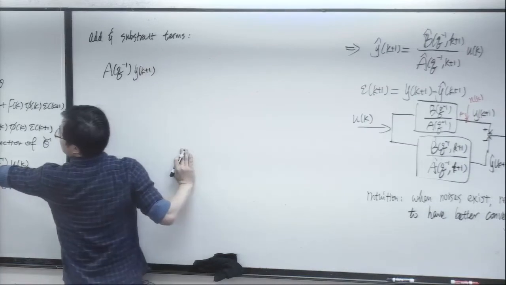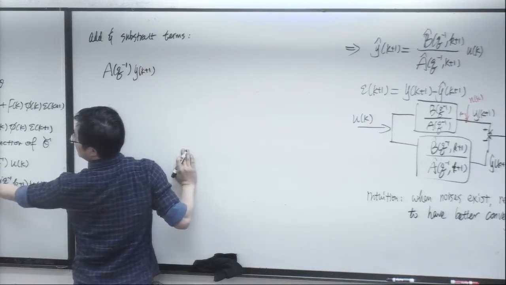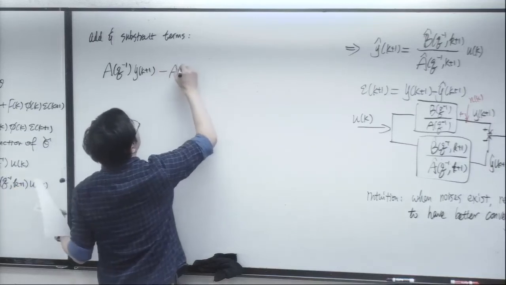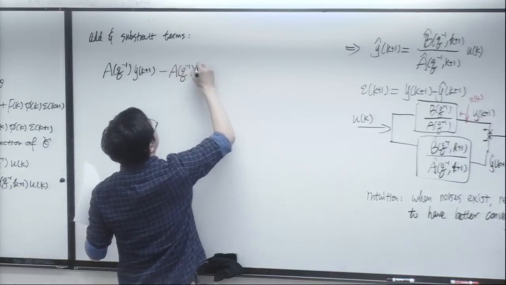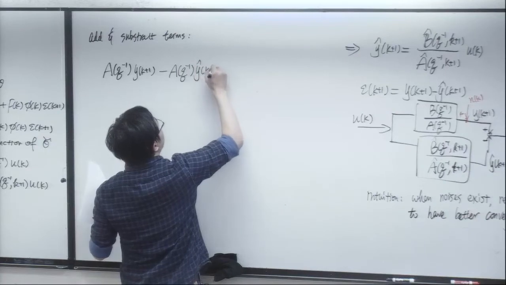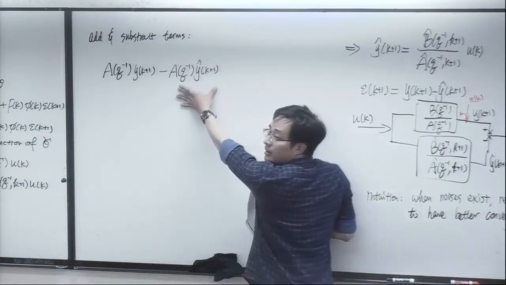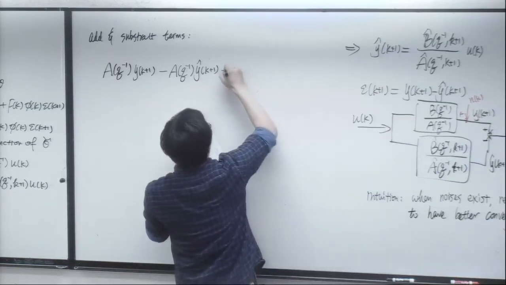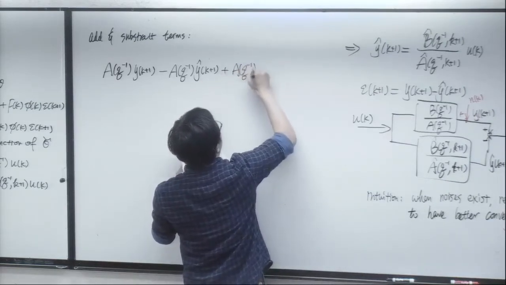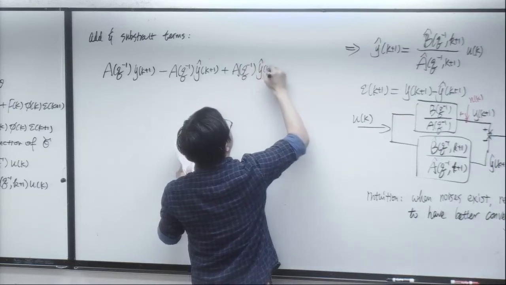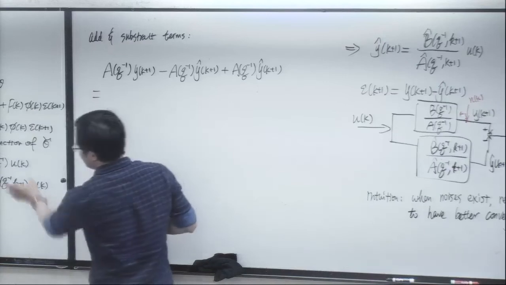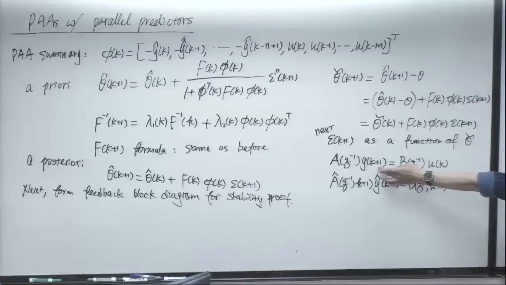I know epsilon k plus 1 is yk plus 1 minus y hat. So let's subtract a term involving y hat. And I need to add it back. So I haven't done anything new to the left-hand side.